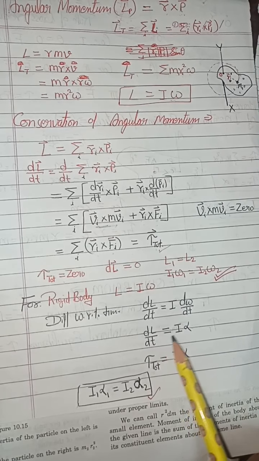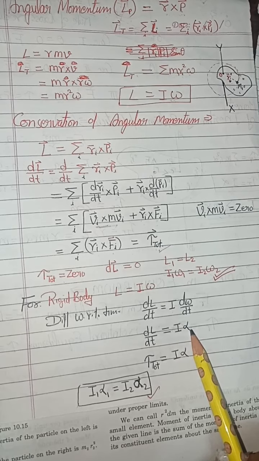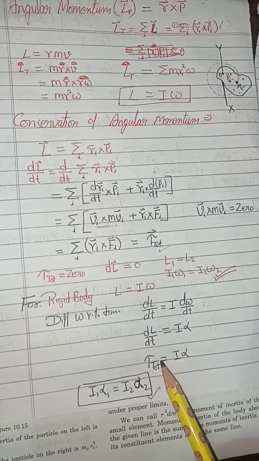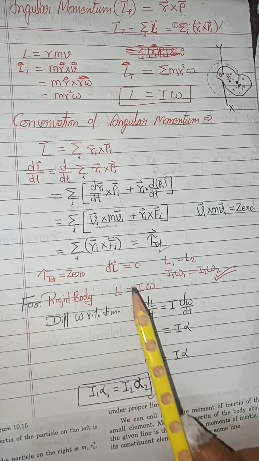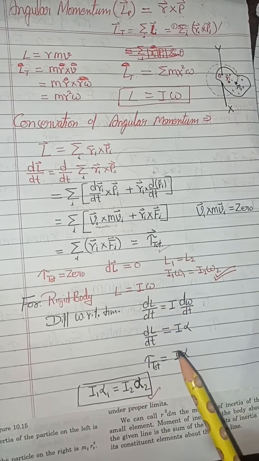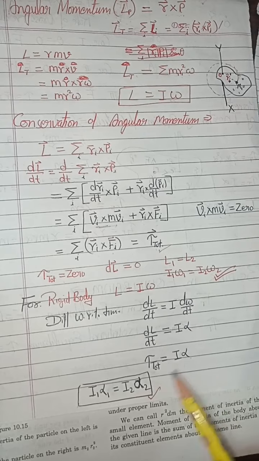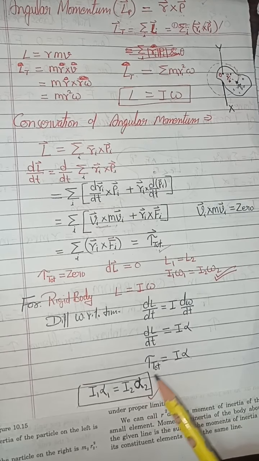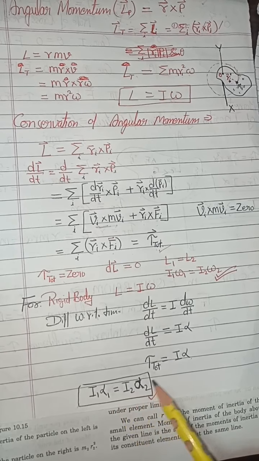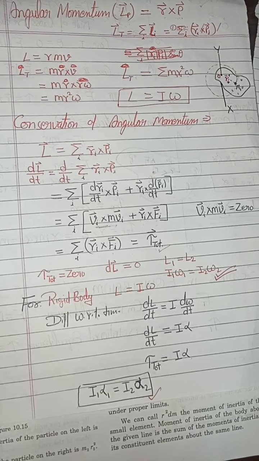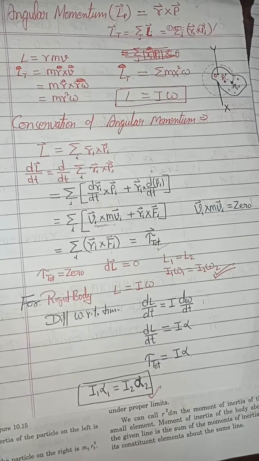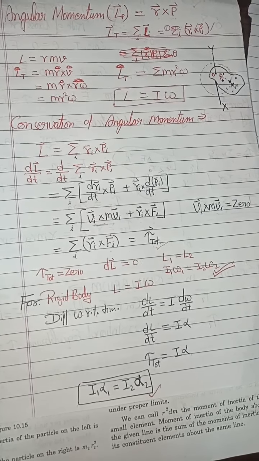So dL upon dt is equal to I into alpha. And what is dL upon dt? That is called torque. So torque is equal to I into alpha, or if no external torque is applied, I1 alpha 1 is equal to I2 alpha 2 for that system of particles. Both have different angular accelerations.